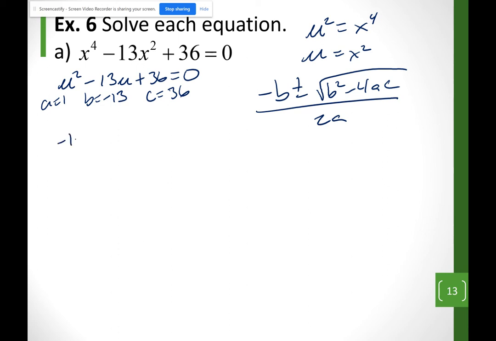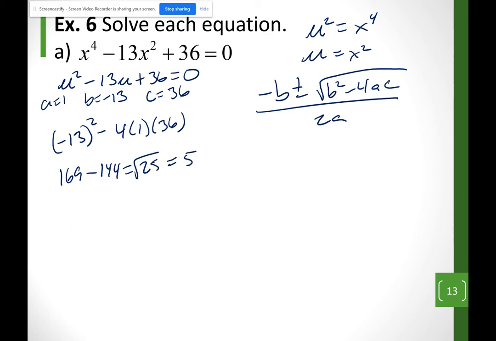All right, b squared. Negative 13 squared minus 4 times 1 times 36. That's 169 minus 144 equals 25. Now the square root of 25 is 5. So I'm going to say that u equals, because I'm solving in this case for u, because that's my variable u, negative b, that's 13, plus or minus 5 over 2.